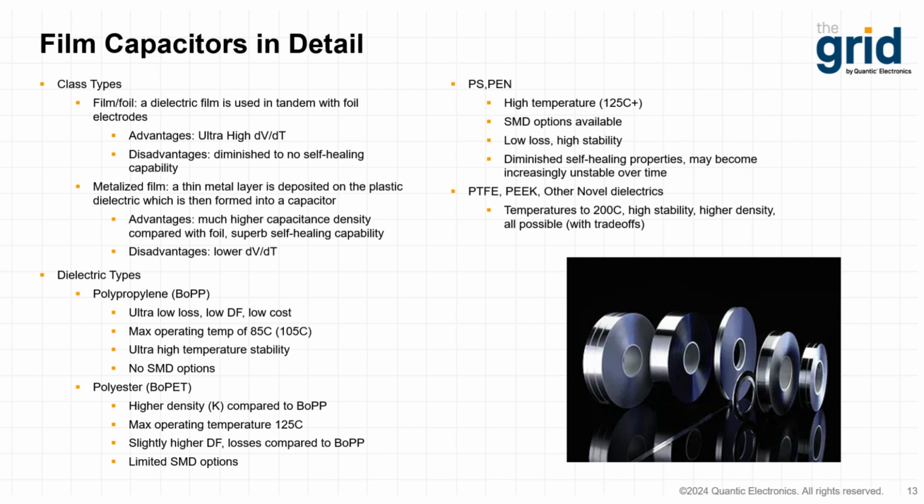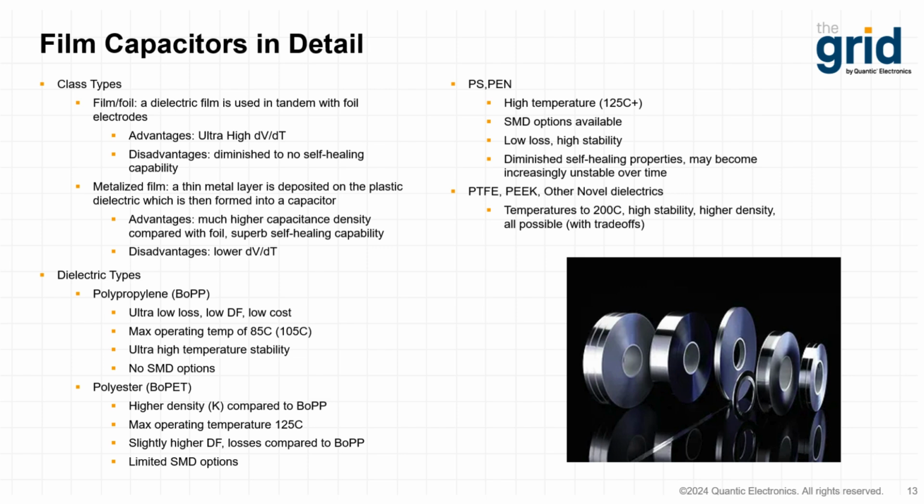There are several plastic dielectrics used in film capacitors, as you can see here. Each has its own unique advantages and disadvantages. Polypropylene is the most common dielectric used, and electrically it has great properties. It's ultra low loss, low dissipation factor, low ESR, great for high ripple applications, great for AC applications.